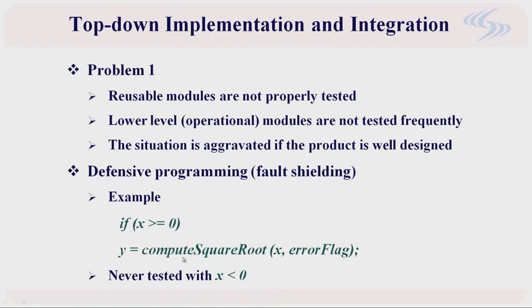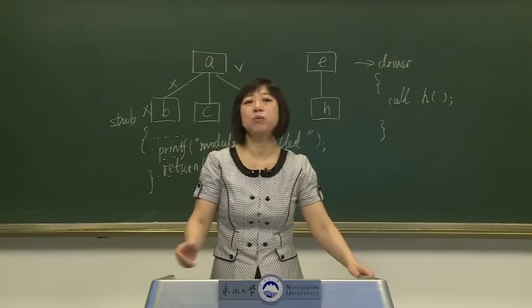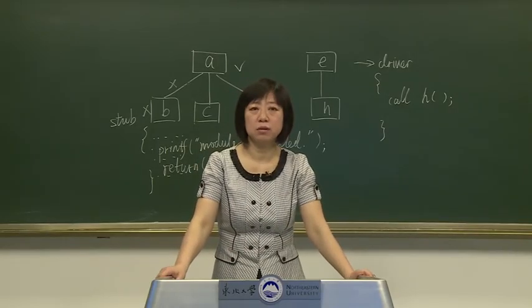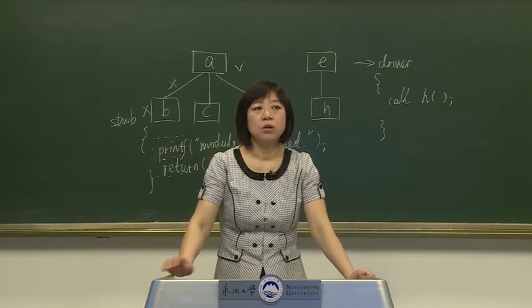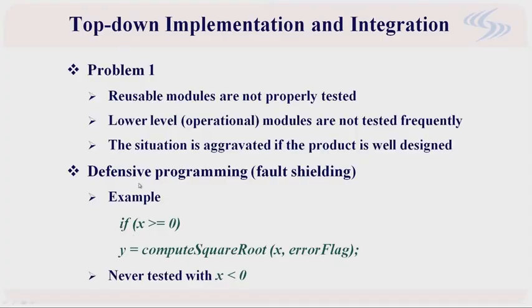It will not be tested thoroughly, and it will be very hard to reuse because we don't know whether it is reliable or not. Such kind of programming is called defensive programming. It's also called fault shielding. So this is the problem of top-down implementation and integration.